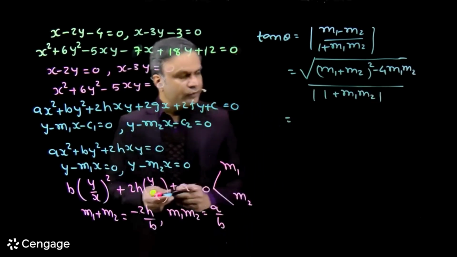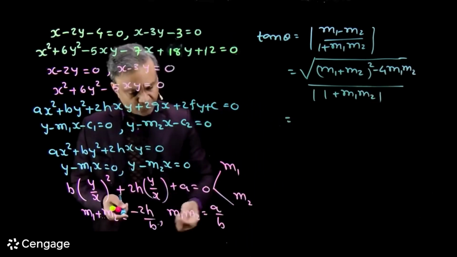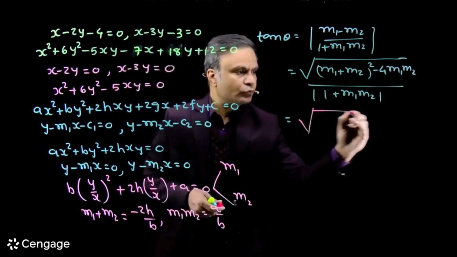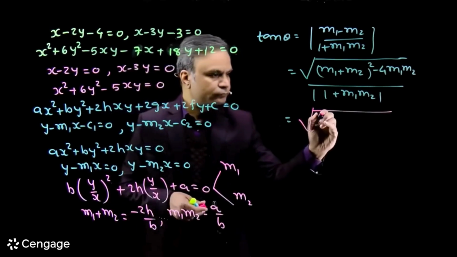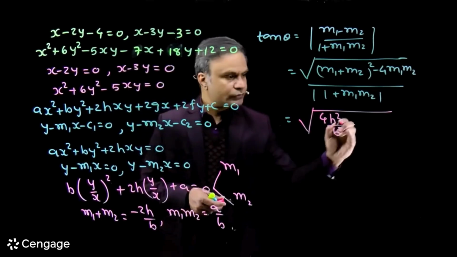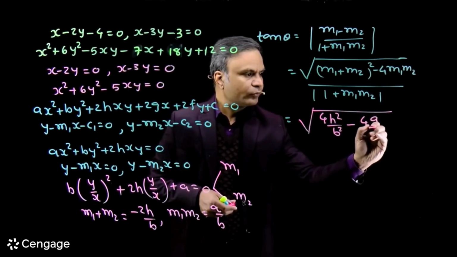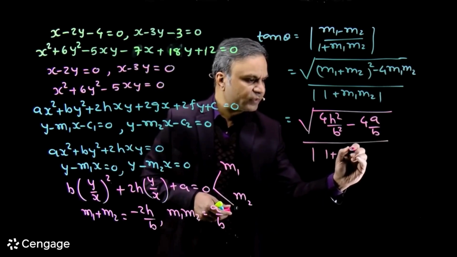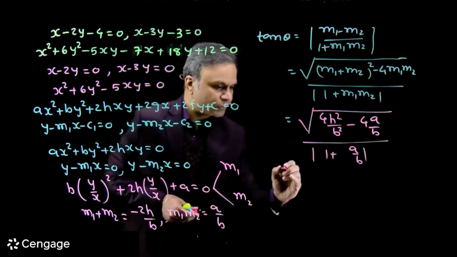Now in this we put the values of m1 plus m2 and m1 m2, okay. We get root 4h square upon b square minus 4a upon b divided by modulus of 1 plus a upon b, okay.